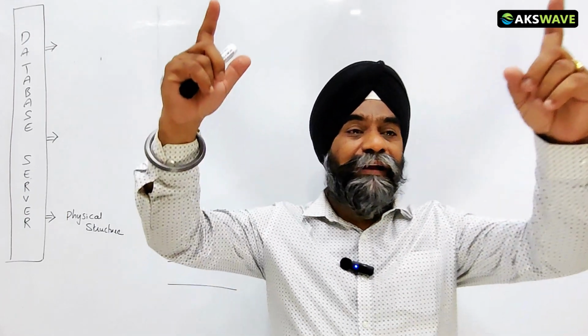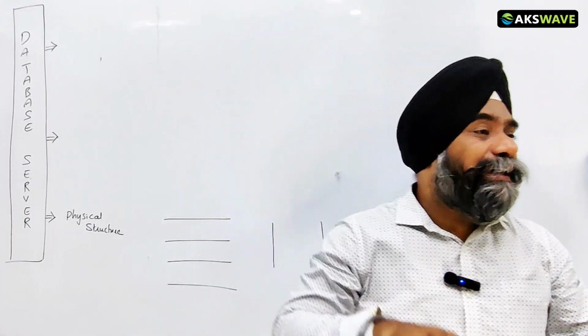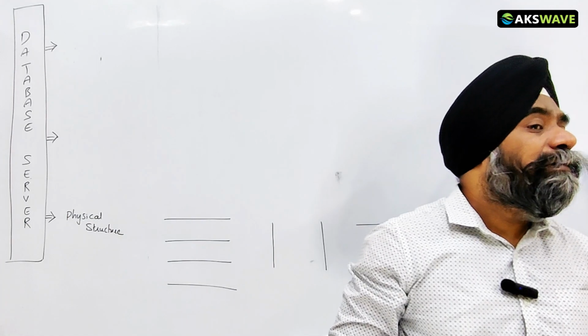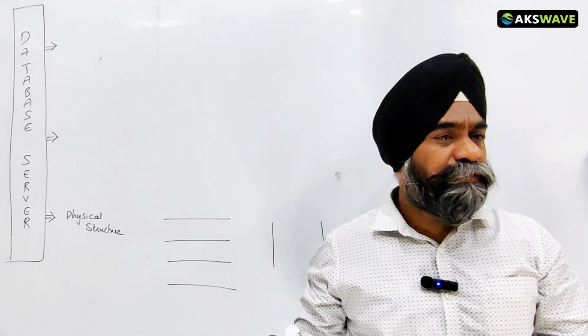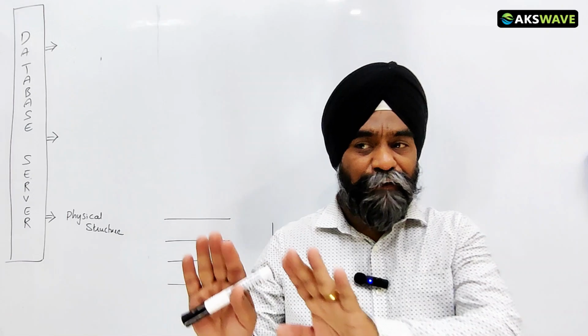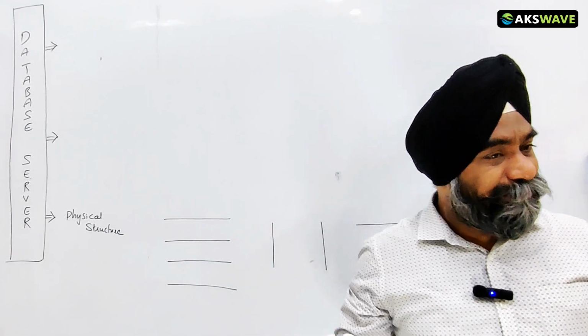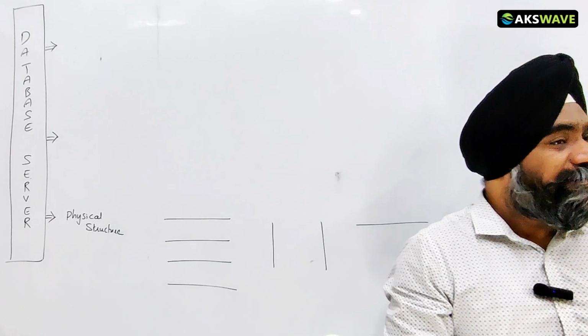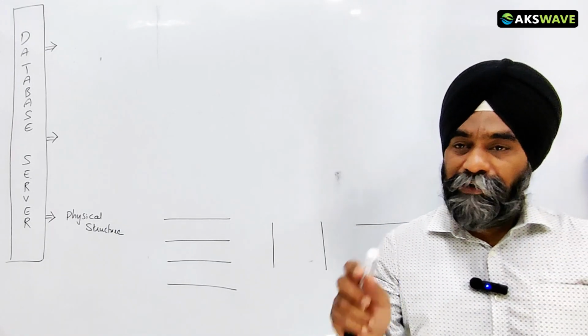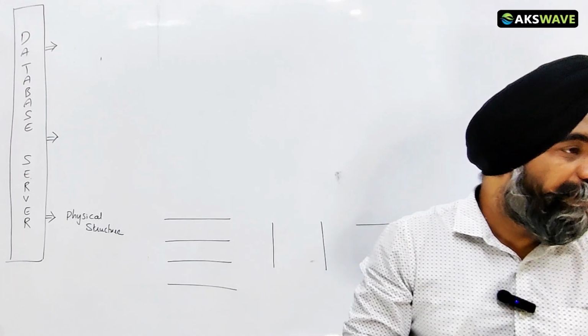If I take a snap with a mobile, it is stored as a file, .JPEG. If I shoot a video and save it, the entire video is stored as a file, .MP4, correct?